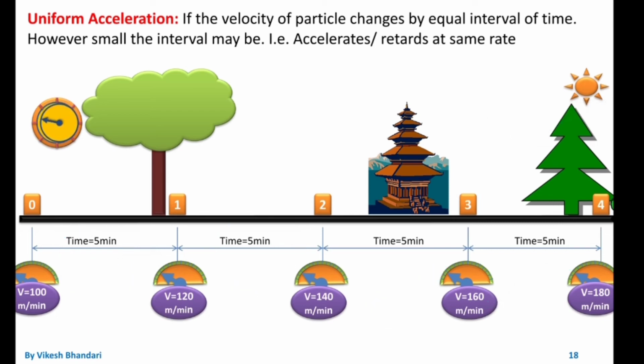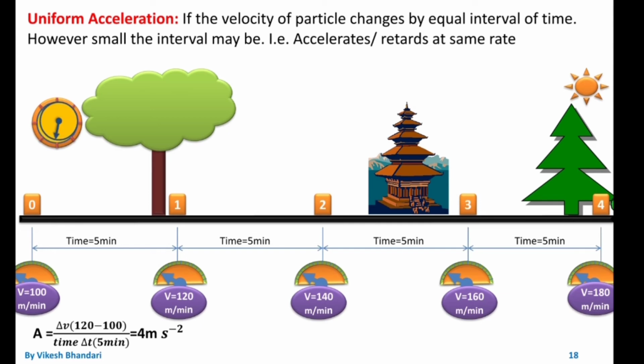One sample problem I'll solve. At the first condition, delta v divided by time. You see here the final velocity is 120 minus 100, the initial velocity. Time taken is 5 minutes. It's 4 meter per second square, that is the acceleration.